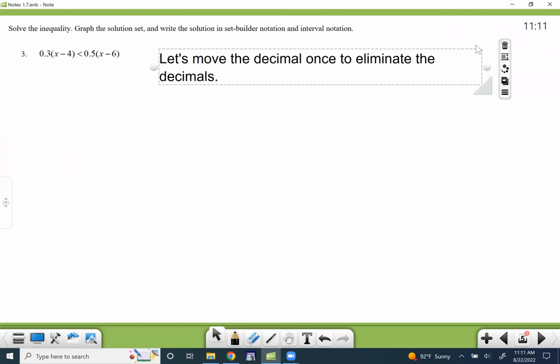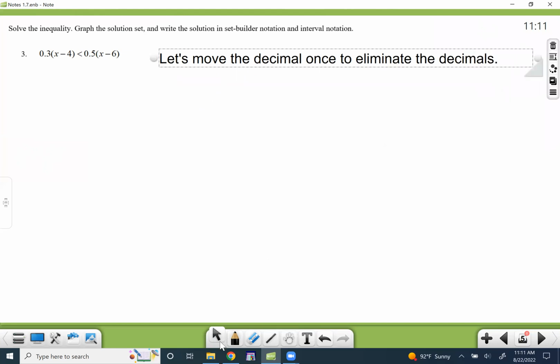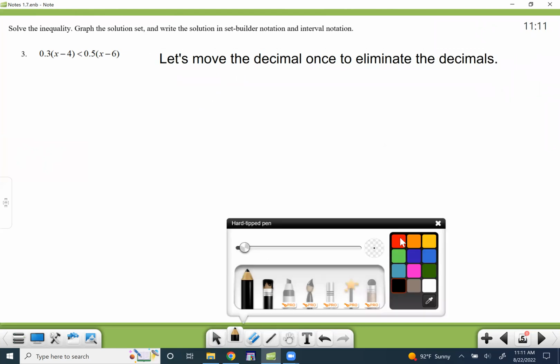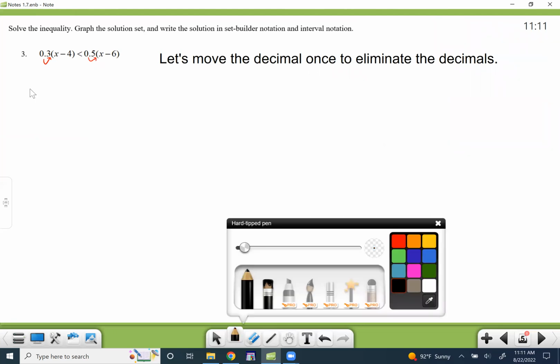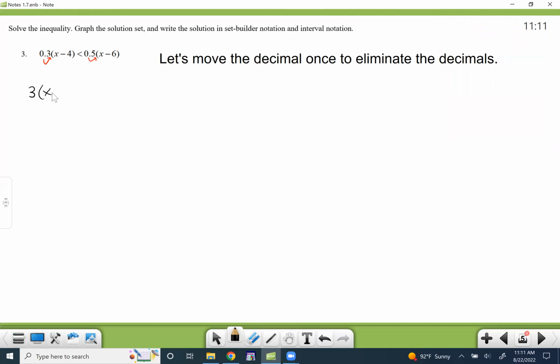Every number has a decimal, right? But you guys know what I mean. Okay, so I'm going to only move it. Remember we said, don't do it to the stuff inside the parentheses. Only do it to the stuff outside the parentheses. Because in a second, those things that are outside of the parentheses are going to distribute into the parentheses.